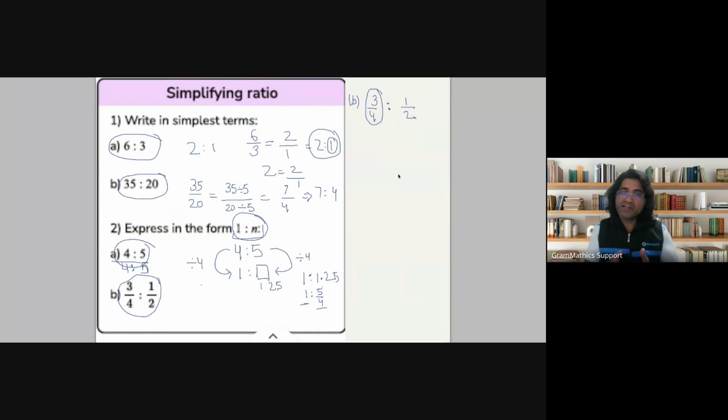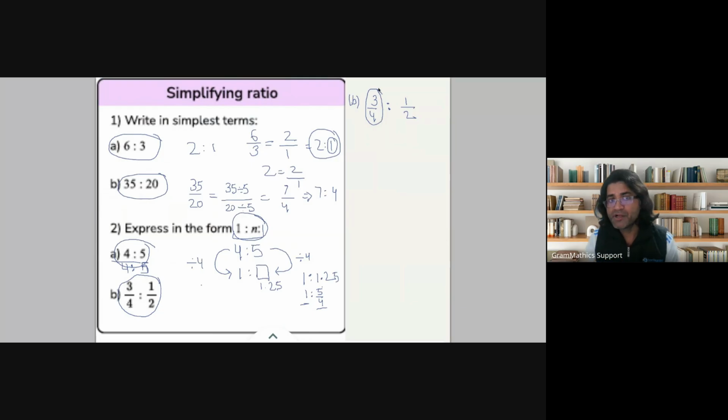The operations that are allowed in ratio and proportion are only multiplication or division, because the thing either grows proportionally or it reduces proportionally. So it can double, it can halve, it can triple, it can be a third, but it cannot be an addition or subtraction. The only operations allowed here are either a multiplication or a division.